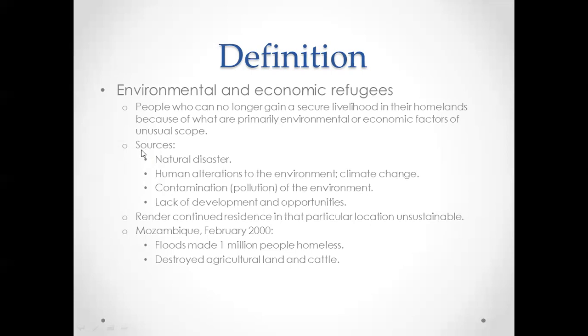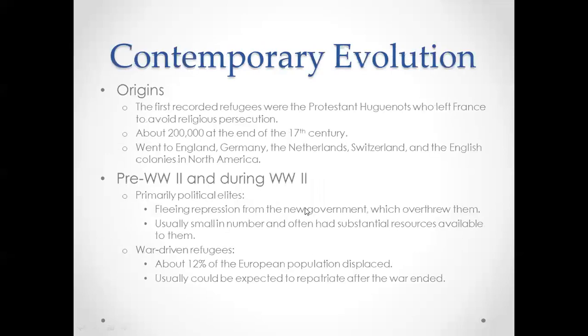When it comes to the different sources, kung bakit tayo nagkakaroon ng mga refugees under this category, dahil yun sa natural disasters or calamities, and of course, human alterations to the environment, dahil na rin sa climate change, and contamination or pollution of the environment and lack of development and opportunities.